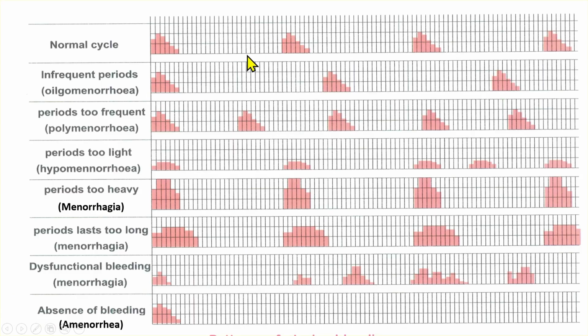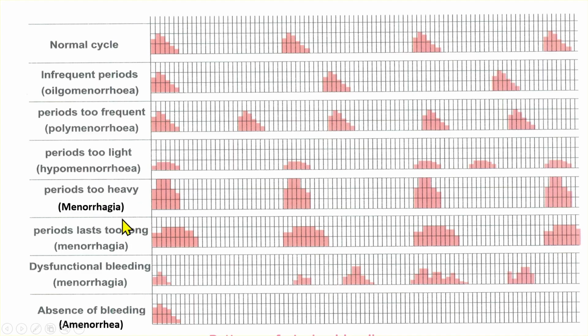In this picture, you can see the normal cycle, 1, 2, 3, 4. Infrequent, or oligomenorrhea, here you can see 5. Then polymenorrhea, and if the period is too light, with small menses, this is hypomenorrhea.